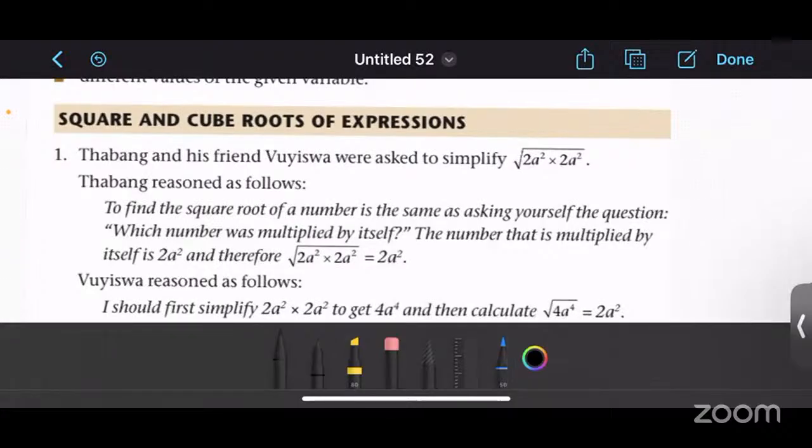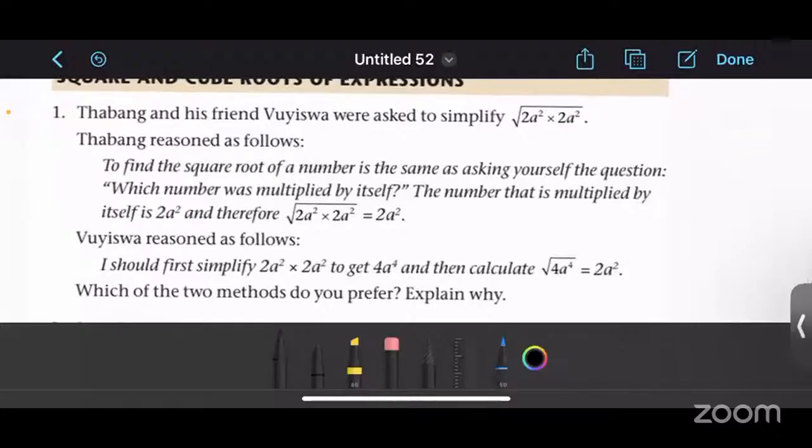And then we have what Wuisa reasoned over here. I should first simplify 2 to the power of a multiplied by 2 to the power of a to get 4a to the power of 4. Then calculate the square root of 4a to the power of 4, which is equal to 2a to the power of 2.